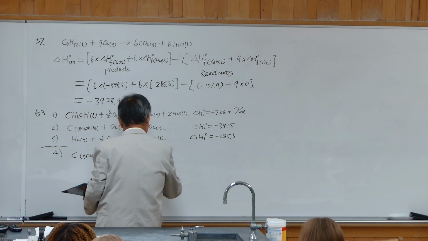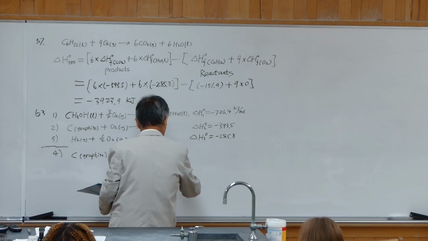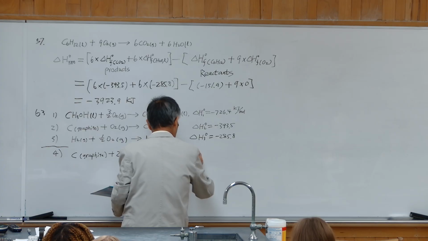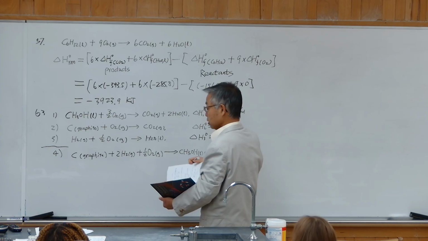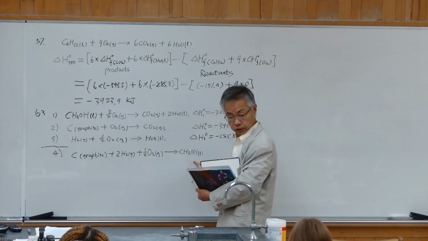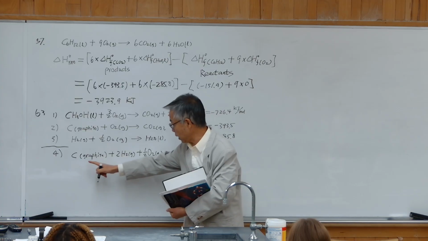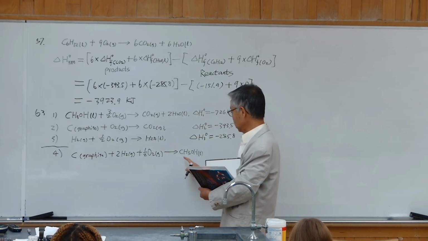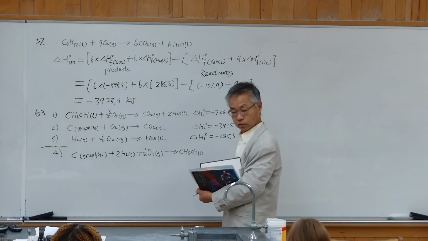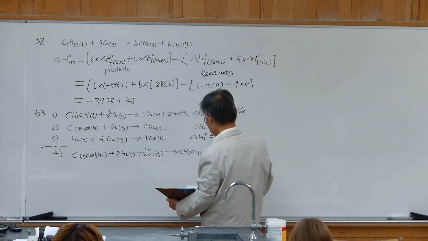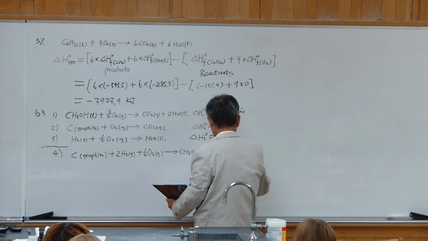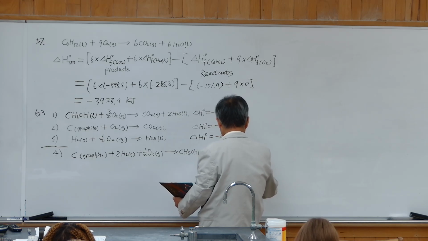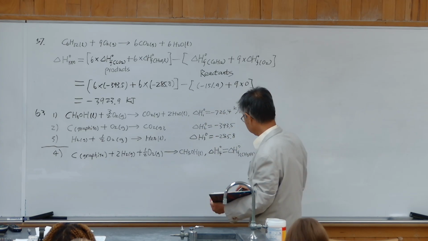Oxygen, we only need one half of O2, to produce CH3OH. Right? Because the standard enthalpy of formation of a compound is synthesizing 1 mole of this compound from its elements, carbon, hydrogen, oxygen. So this reaction's enthalpy change will be the standard enthalpy of formation of methanol.